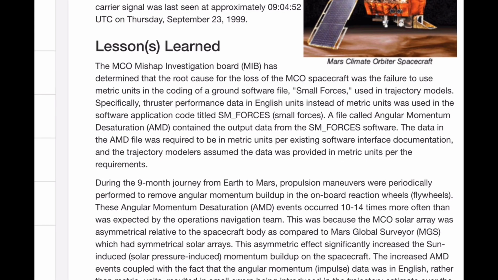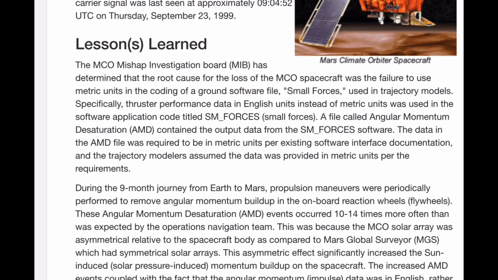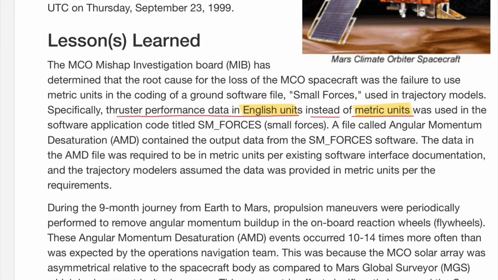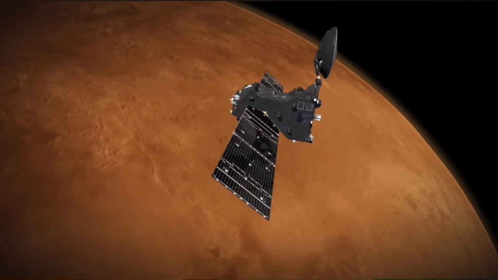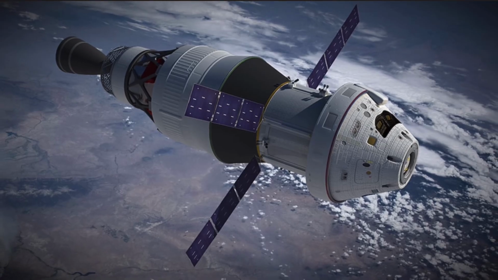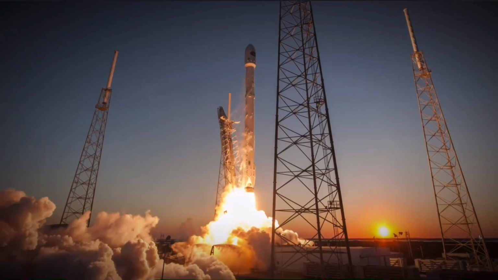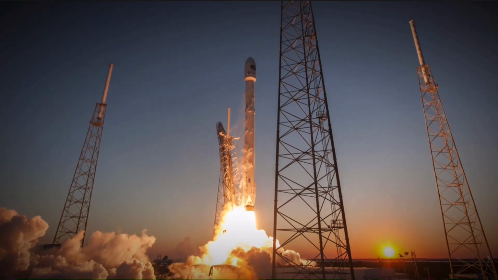And the software mismatch caused incorrect thruster firings, hence causing the orbiter to burn up in Mars's atmosphere as it entered the planet's orbit. A simple mistake in units resulted in a total mission loss. So I hope you understand that when we say that units matter, we mean it.